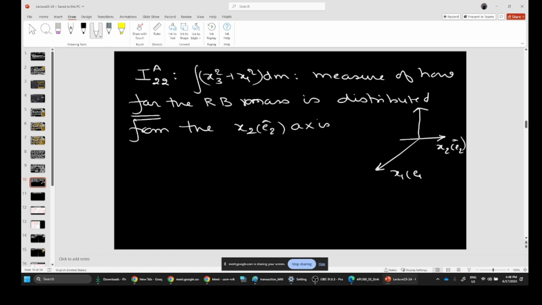So this will be x1 e1, x2 e2 and x3 e3. This is what I am calling far, in perpendicular direction to x1 e1. That's the meaning of the word far here. Okay. So IA33, I will not write the full sentence, but you can write something like that.